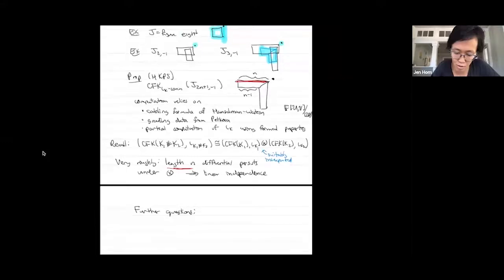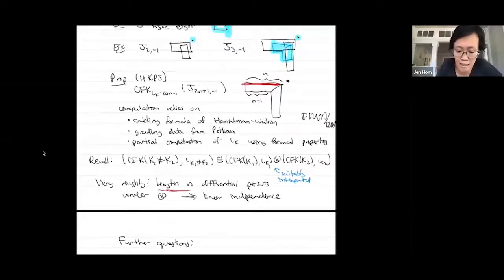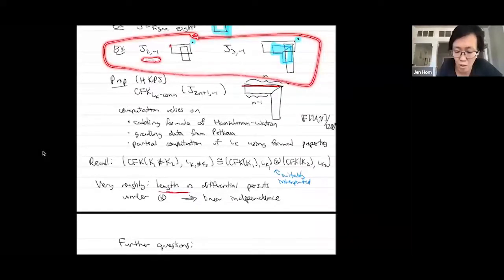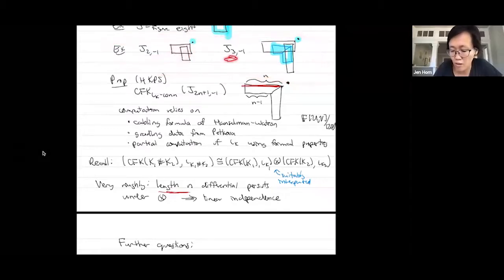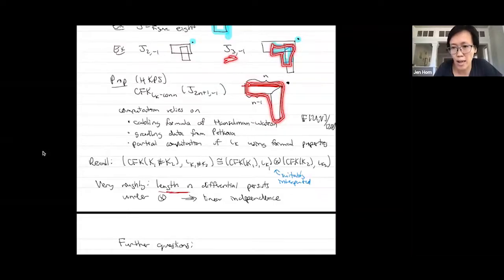These examples here are indicative of what happens. If the cabling parameter is even, you get an even number of boxes that all get paired up by iota type. Whereas if the cabling parameter is odd, there's this odd shape out, this one, and that's what gives us a non-trivial iota_K complex.